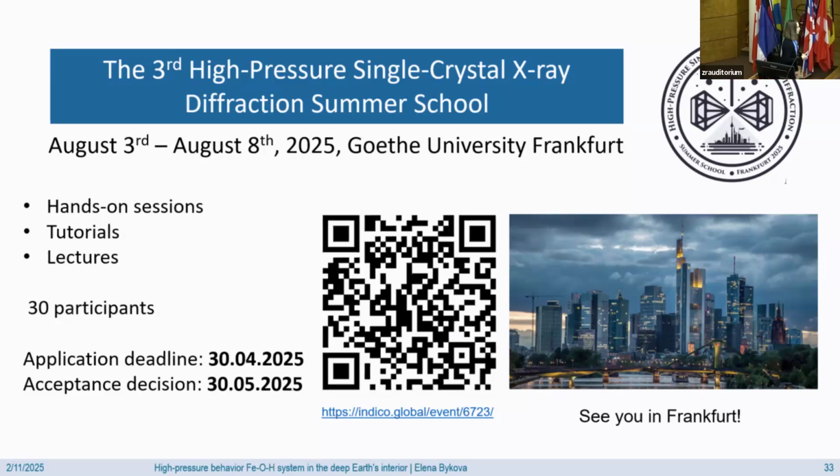There will be about 30 participants, and we will start the registration in March. By the end of this one-week school, we expect that a person will be able to process a multi-grain data set and do all of the data evaluation himself or herself. So whoever is interested, please apply, and see you in Frankfurt.